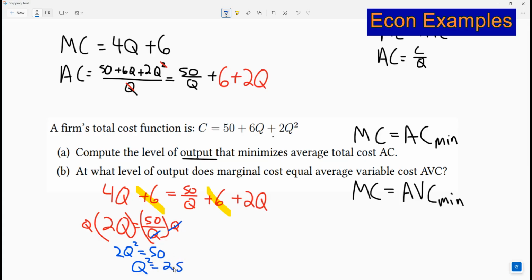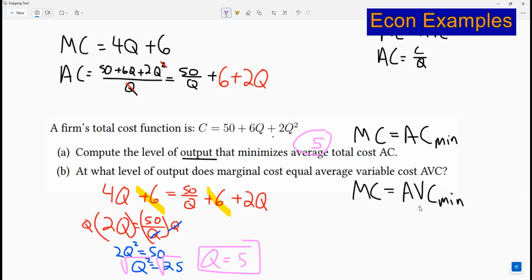This is a square root I can do in my head. Square root both sides, so that is q, and the square root of 25 is 5. So the quantity that minimizes average total cost is 5. That's our answer to the first one.